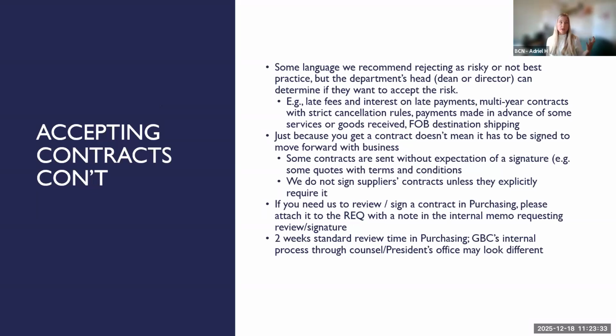So like I mentioned earlier, contracts can be called all kinds of things. A PO is a contract also from us because it comes with terms and conditions, and those terms and conditions keep us in line with our policy and legal requirements to do a purchase. And so we always want our PO to be the governing contract on a purchase if possible.